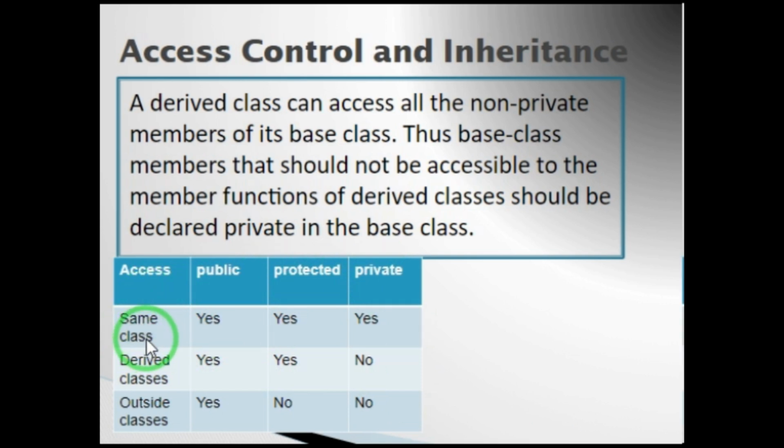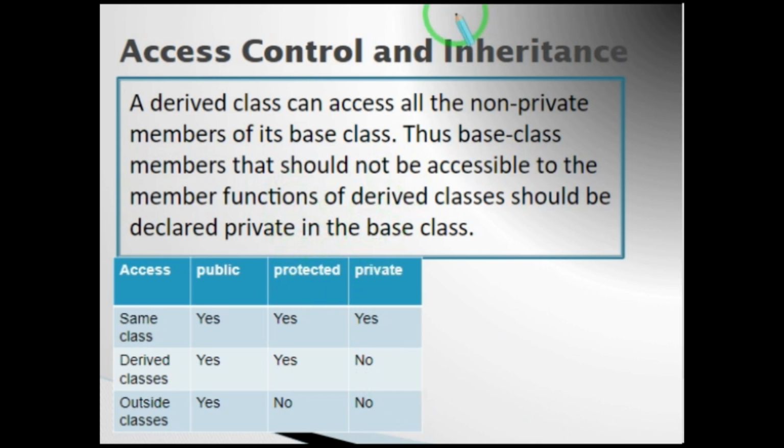All these public, private and protected members are accessible in the same class. But when we use a derived class, that is the inheritance concept, then your public member gets inherited in the derived class, the protected member also gets inherited in the derived class, and the private member is not accessible or inherited in the derived class. Okay.